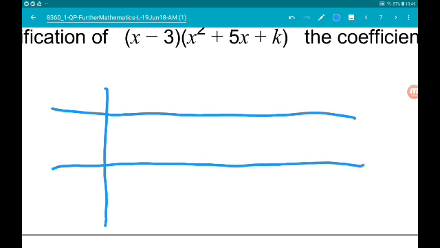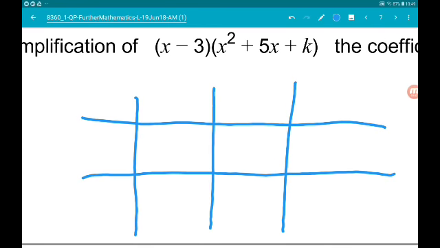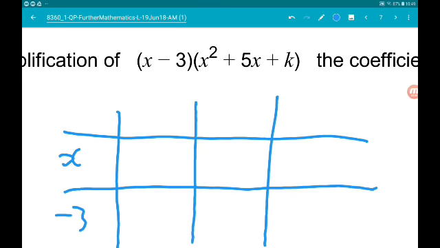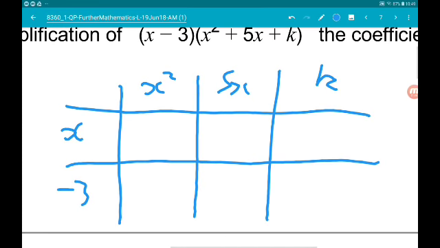So the reason I would recommend using a table is because we've got a quadratic which has 3 terms. So we're going to put x and minus 3 down the side, x squared, 5x and k across the top. Now each box is a multiplication between what's at the side and what's at the top.